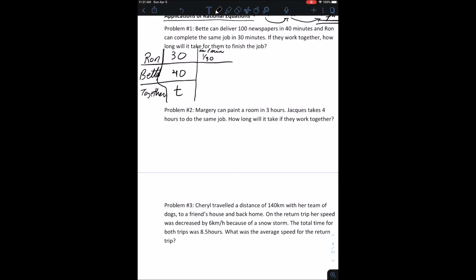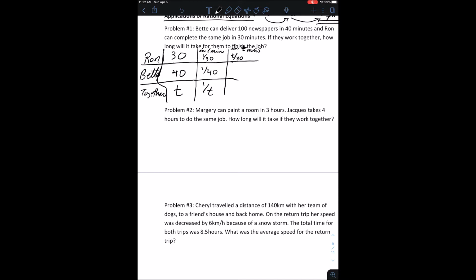Ron can do 1/30th of the job because it takes him 30 minutes on his own. So 1/30th in 1 minute, Betty 1/40th, and together 1 out of that unknown amount of time, 1 out of t. And then our last column is, well, what about in t minutes?